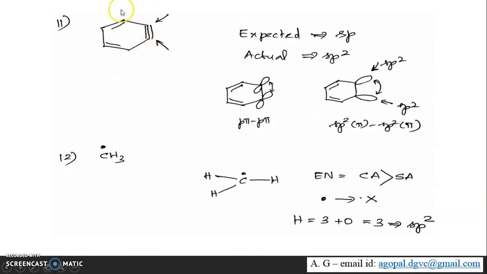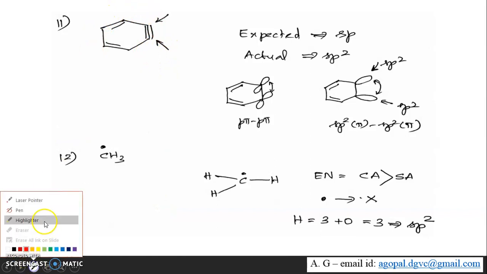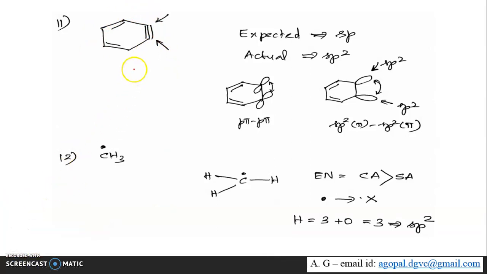See this example. Here I have given benzene molecule, benzene. What is the hybridization of these two carbon atoms? Listen, this carbon has one sigma bond, one single bond, so single bond means sigma. In this multiple bond, one bond should be sigma, the other two are pi bonds. If you use this idea, you will get the hybridization as sp.